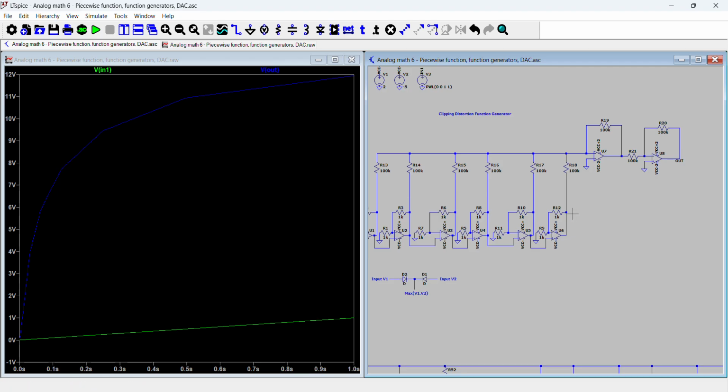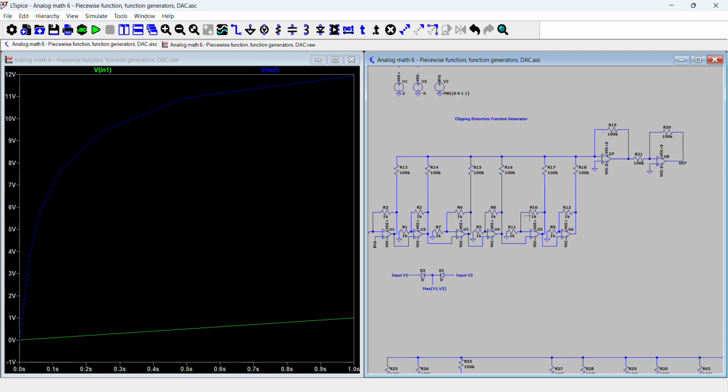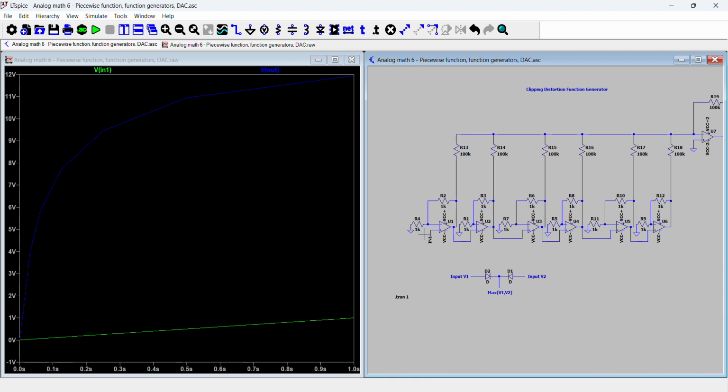So how does this actually work? What happens is, when the voltage is low, let's say 0.1 volts, for example, none of the amplifiers are going to be cut off.